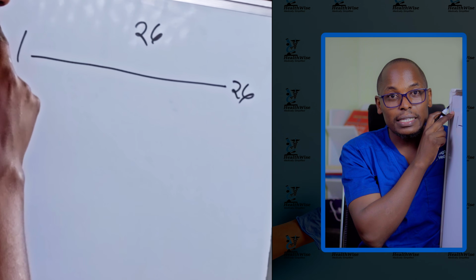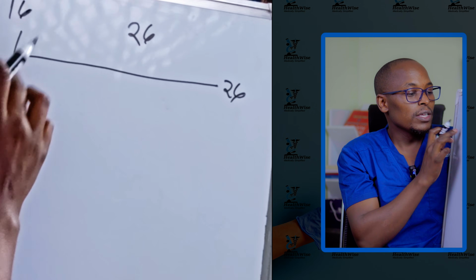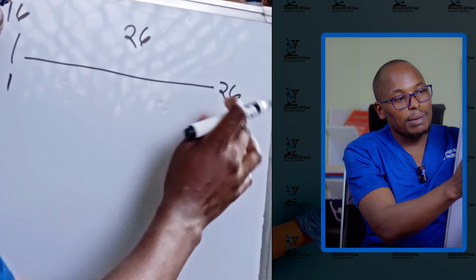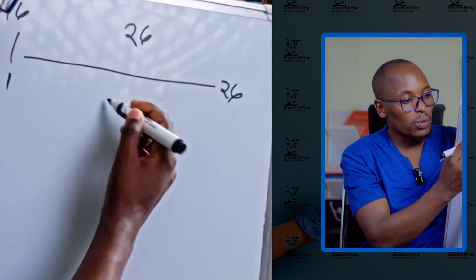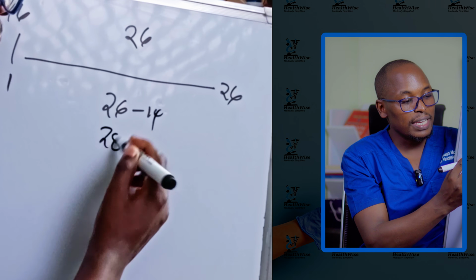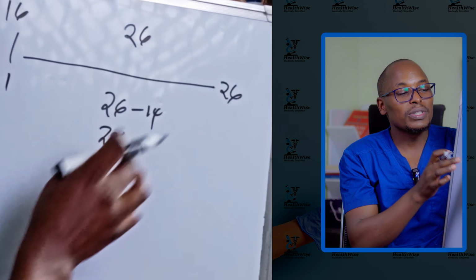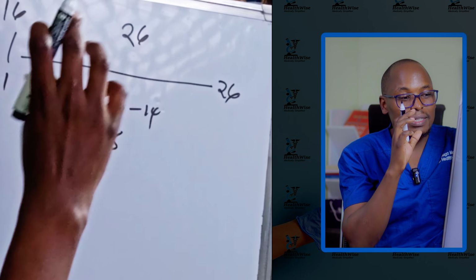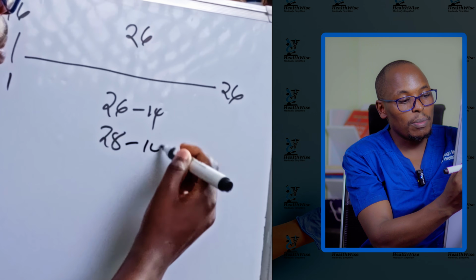It can be any date. Like today, let's say today is the 16th. So that will be day 1 of your cycle, and it goes all the way up to 26. It's actually this simple. So if yours is 26, you only minus 14. If it's 28 and it doesn't jump, so you usually get 28, 28, 28, or 26, 26, 26, your cycle is standard. So the same thing, you minus 14.